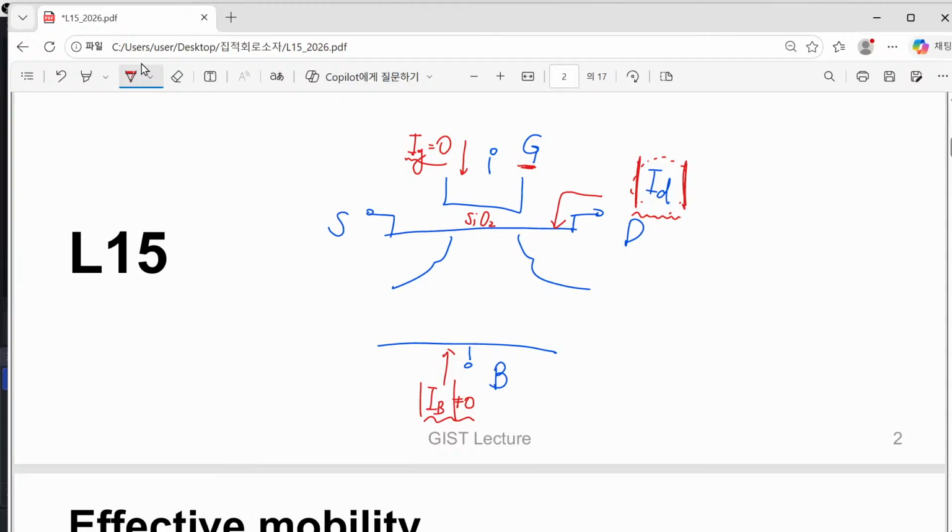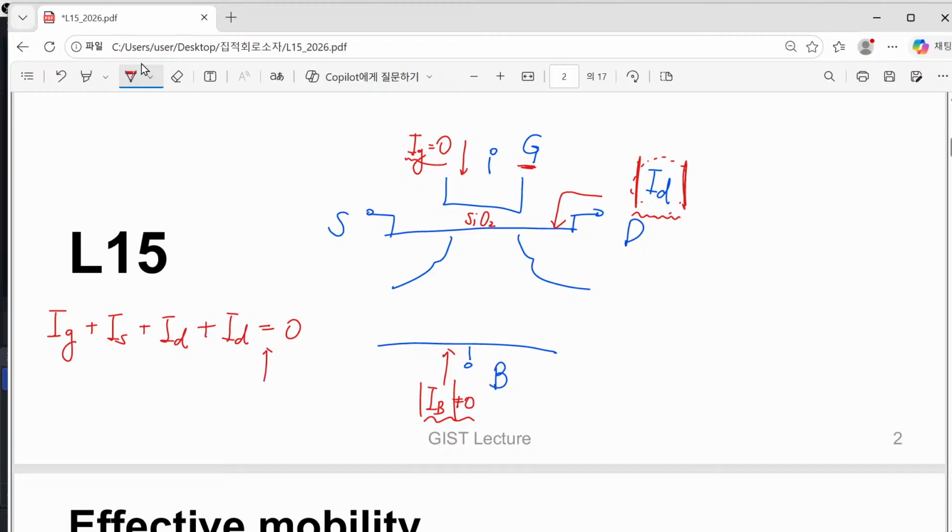Then the remaining one is the source. For this four-terminal device, the sum of the four terminal currents should vanish. This is a physical law.